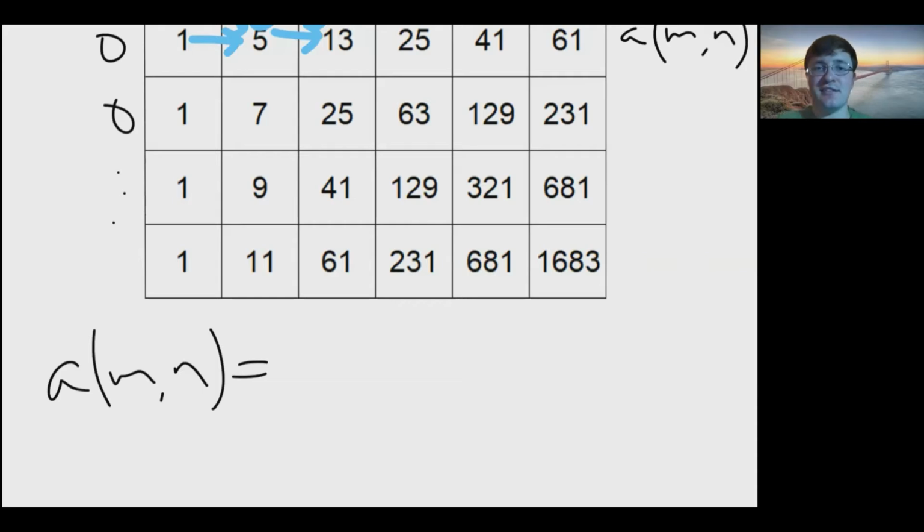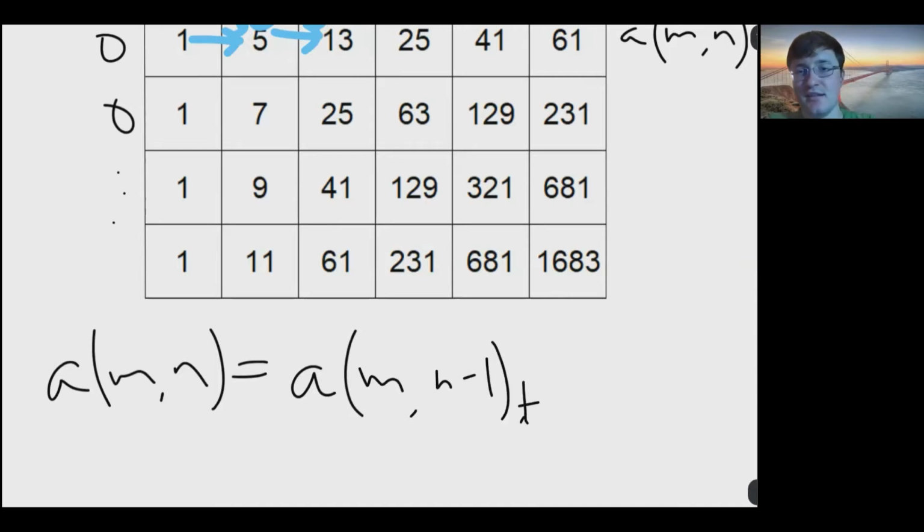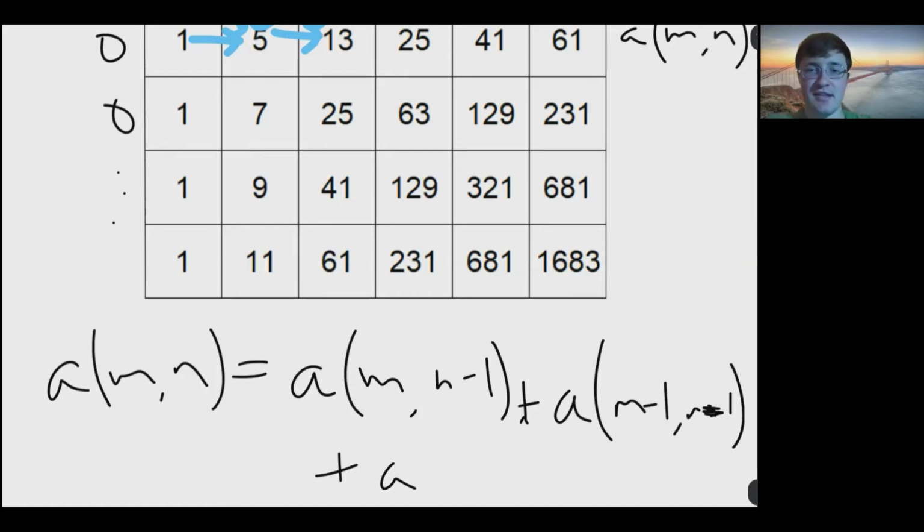So the entry to the left is A(M,N-1), the entry diagonally up and to the left is A(M-1,N-1), and finally we have A(M-1,N) for going up.